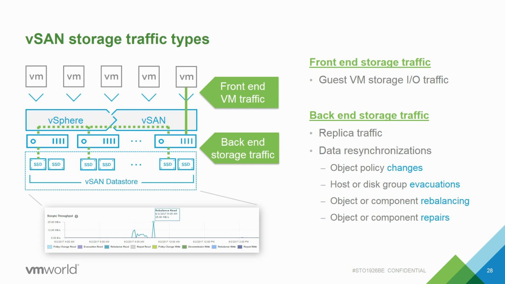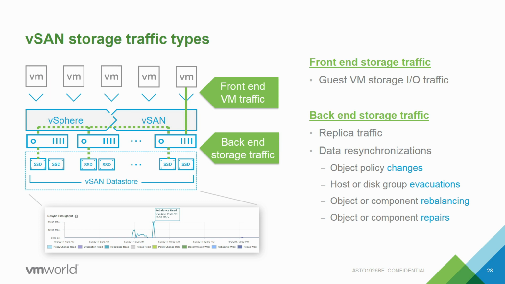Those resynchronizations would occur for a variety of different circumstances. One might be an object policy change. If we have a VM with a failure to tolerate of 1, and we want to make that a failure to tolerate of 2, it's going to have to make an additional copy of that.